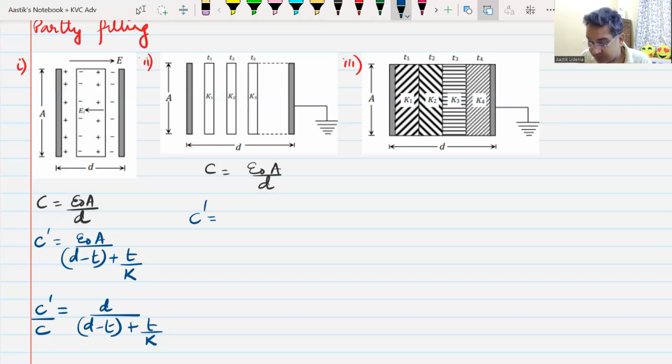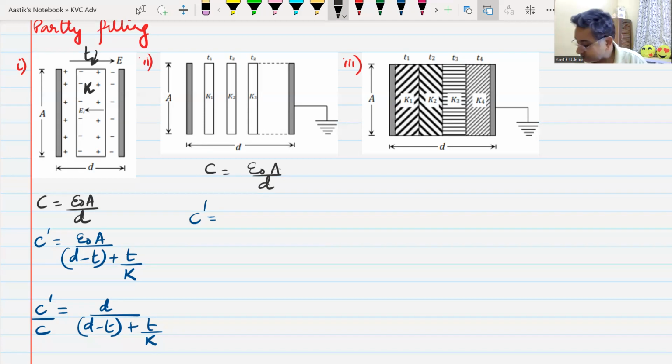Can anyone give me the formula for C dash? Now I don't have one dielectric. Here there was only one dielectric whose thickness was T and dielectric constant was K. I have a large number of dielectrics with different dielectric constants and different thicknesses. Looking at the formula for one, can you tell me what is the formula for all these put together?